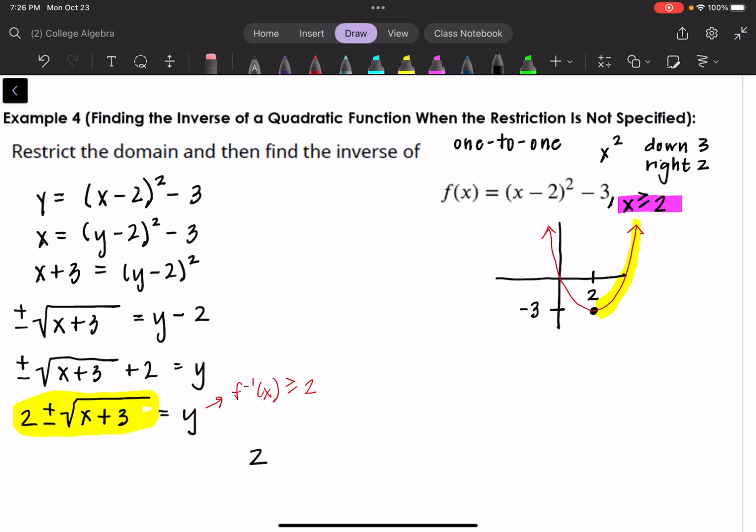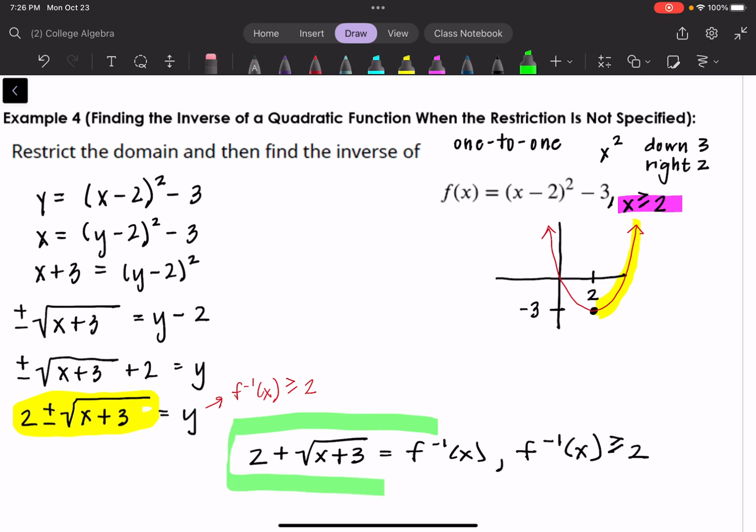And so this would have to be 2 plus the square root of x plus 3 for the inverse function. And that would be for the domain of this function. We would have to choose the values such that f of x is greater than or equal to 2. So this is going to be our inverse function.